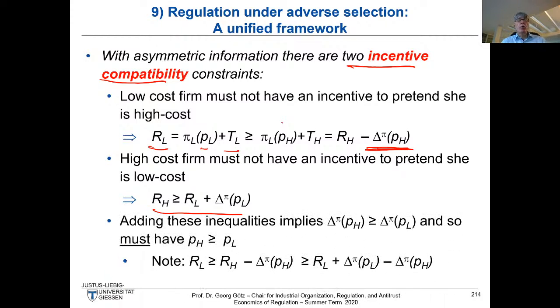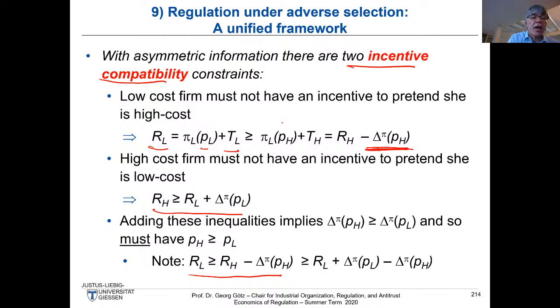And the important point is that in an equilibrium, both incentive compatibility constraints must be satisfied. What does this mean? We know here the first was the incentive compatibility constraint of the low type, that R_L must be greater or equal than R_H minus delta pi of p_H.